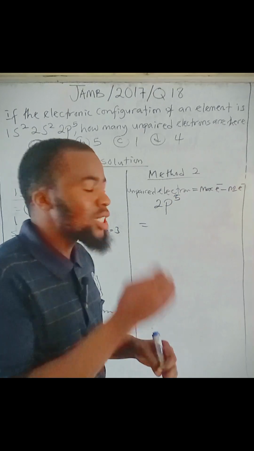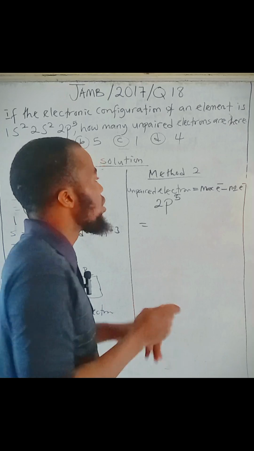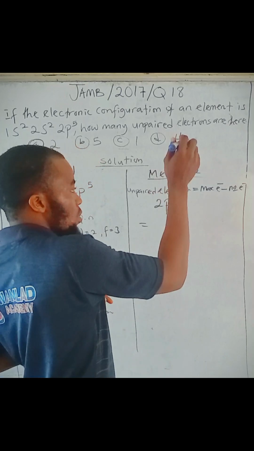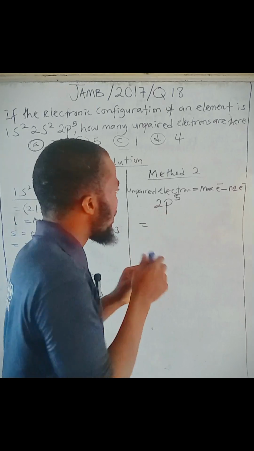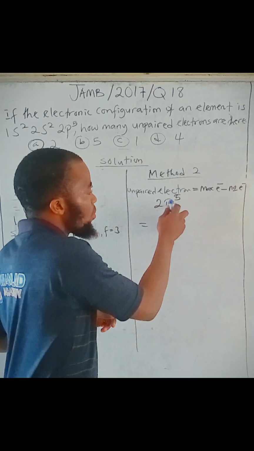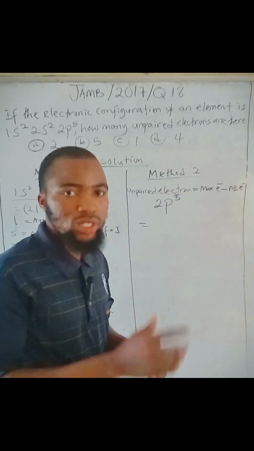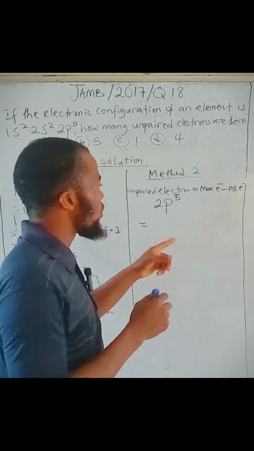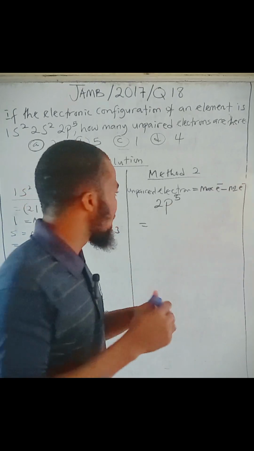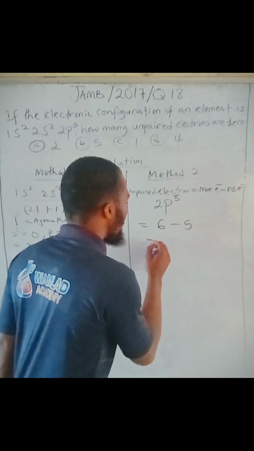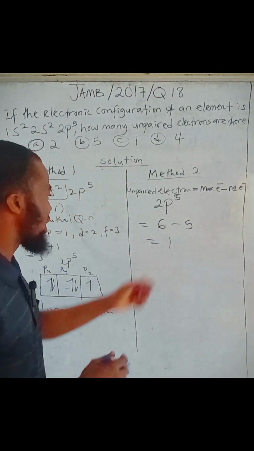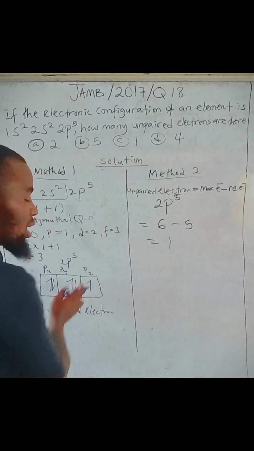But if not, you say the maximum number of electrons minus the number of electrons in this orbital. Here the number of electrons is 5, which is more than half of the maximum. So I just say 6 minus 5, which is equal to 1. That means there's no need to draw the diagram.